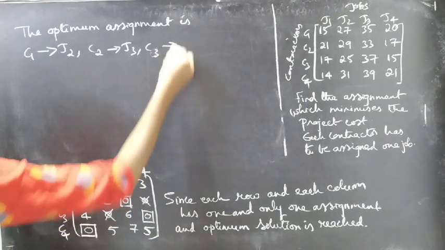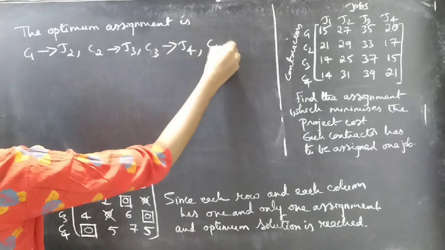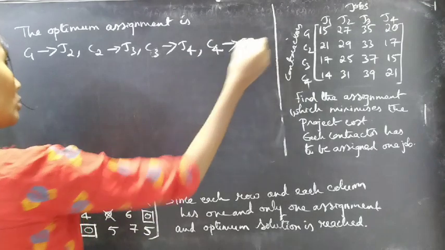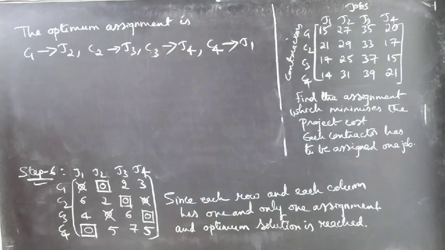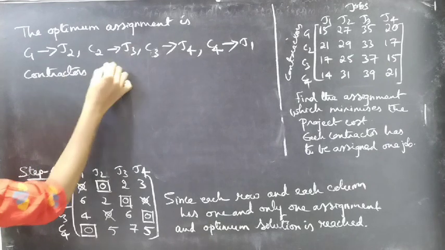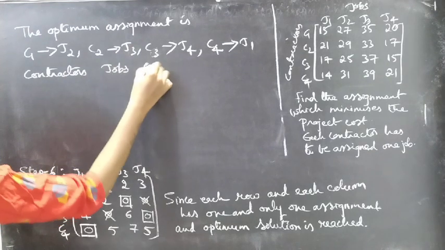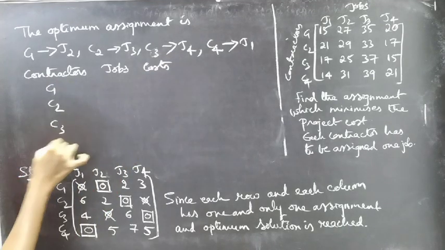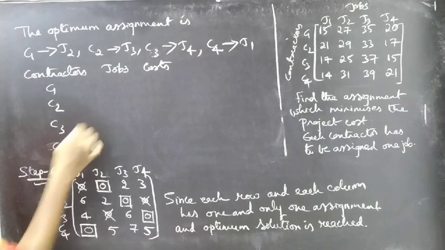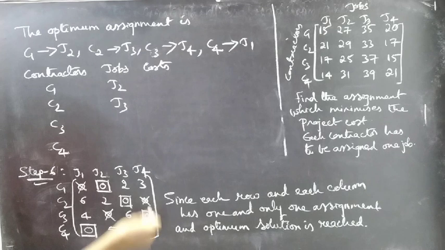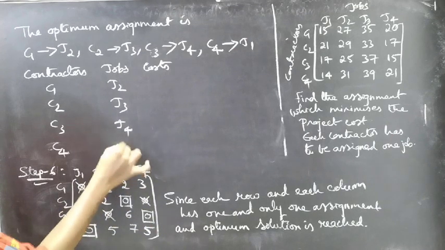C3 to J4 and C4 to J1. Contractors C1, C2, C3, C4. Jobs J2, J3, J4, J1.